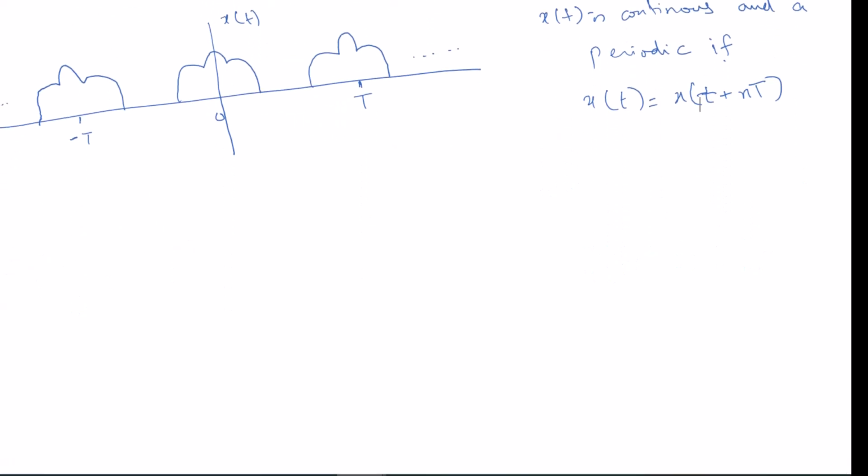So let's try to understand this equation. This is very important. Capital T is the time period of a signal.